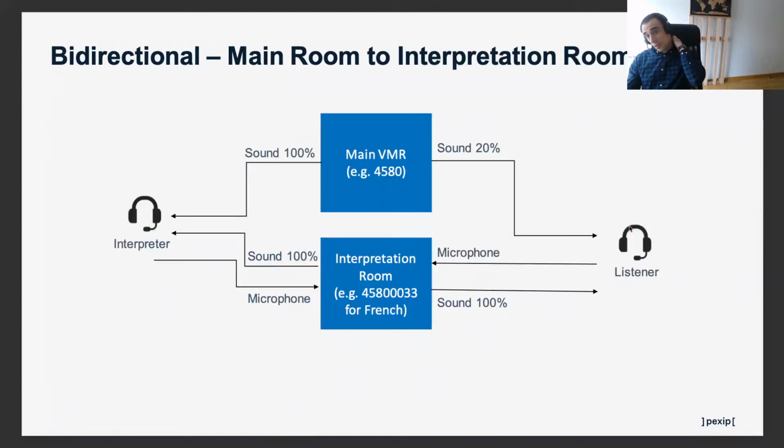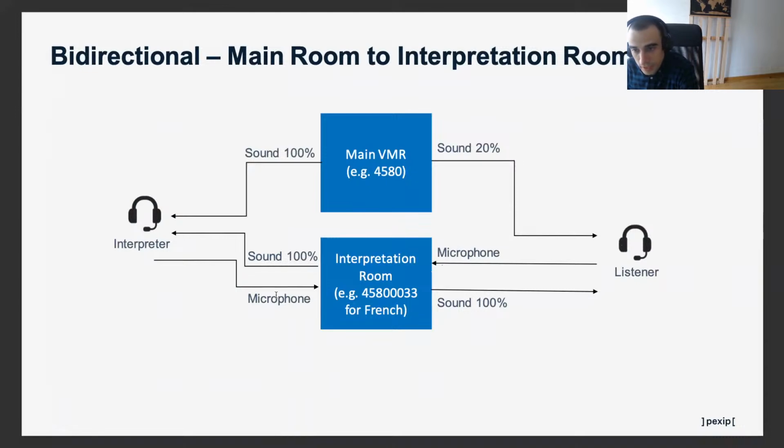This is the case of the bidirectional. It's pretty similar, but in this case, the interpreter can also listen to the interpretation room, and the listener can talk to the interpretation room. When the interpreter changes the channel, the only thing he does is change the microphone.